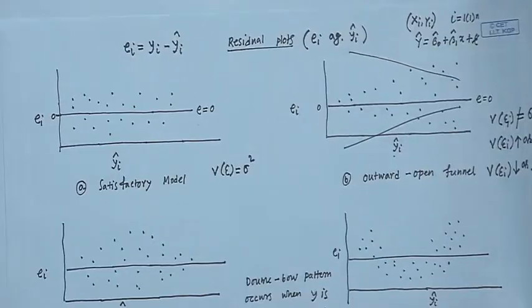So, now if you see that using the residual plot or some other technique you learn in model adequacy checking, if you see that the model assumptions are violated, then generally, specifically if the constant variance assumption is violated, then we consider some transformation either on the response variable or on the regressor variable to make the variance constant.